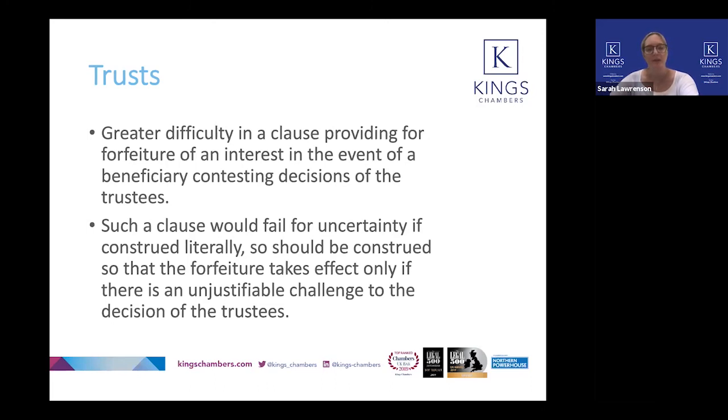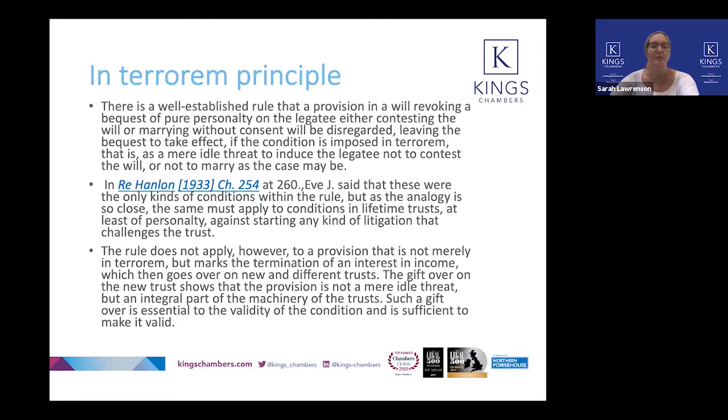So there does appear to be a distinction between a clause providing for forfeiture on a challenge to the will or the trust as a whole, where the issue of justifiability doesn't really arise, and where it is simply the decision of the trustees.